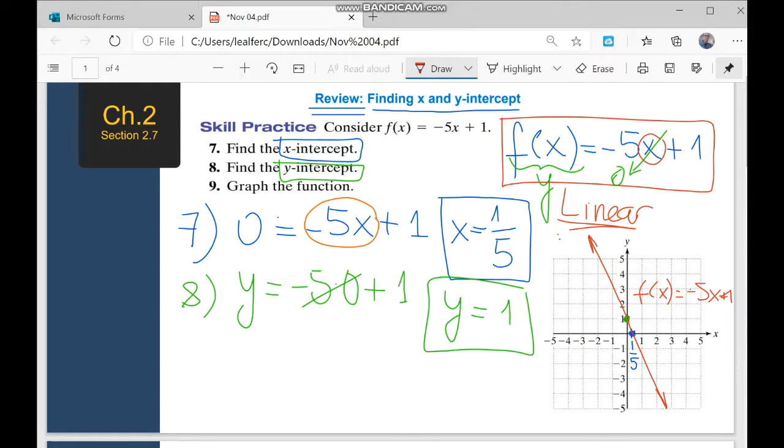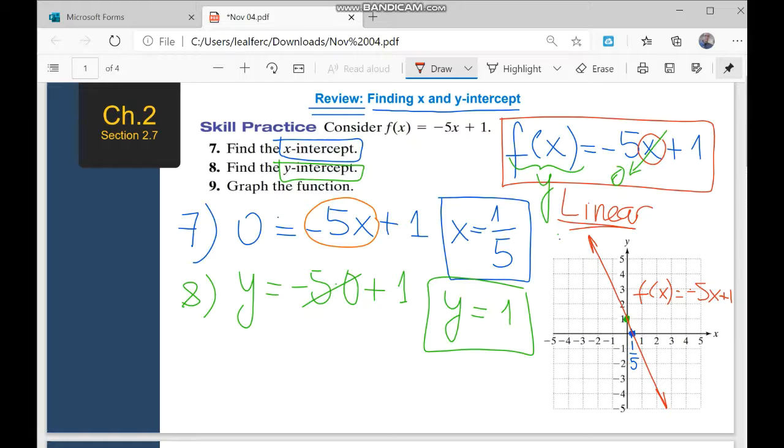Oops, plus 1. Okay? Any questions about it? Let me fix this. It doesn't look nice. Kind of a little bit squeezed, but I think you can see.